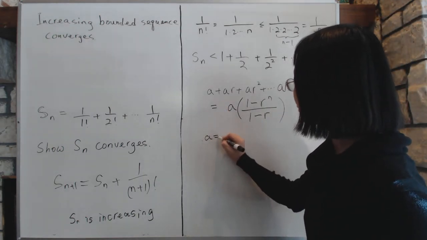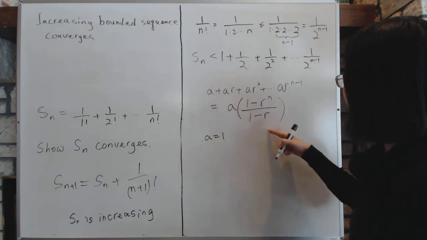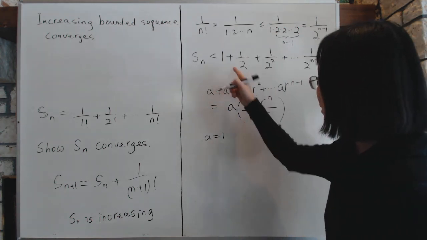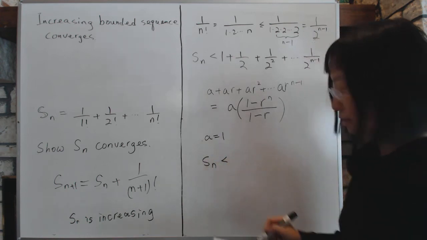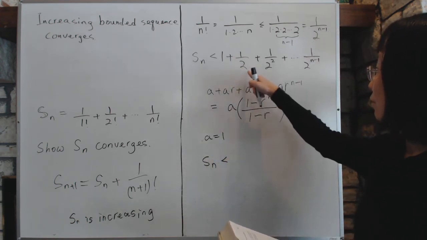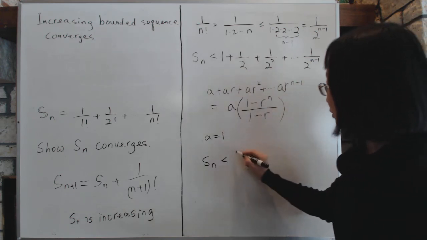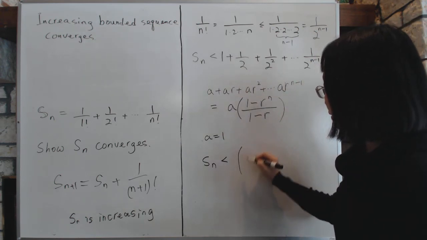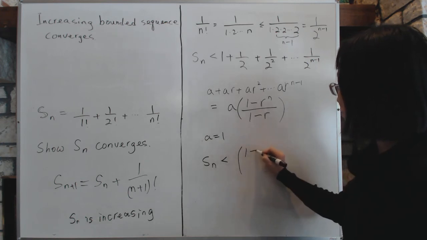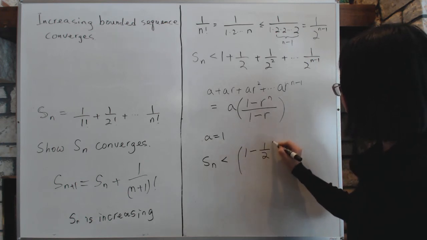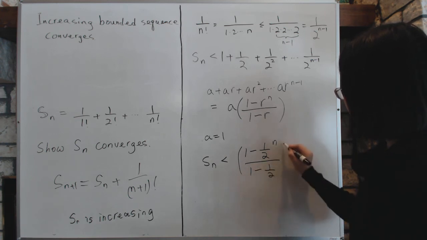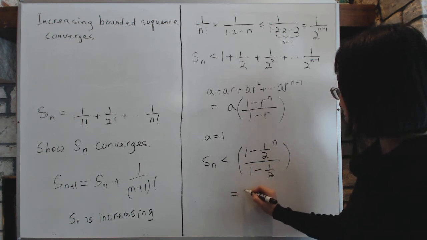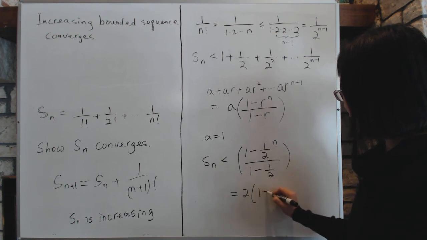So set a equal to 1 in the formula of the geometric progression, and we get that Sn is less than 1 minus 1/2 to the power n divided by 1 minus 1/2, which is the same as 2 times 1 minus 1/2 to the power n.